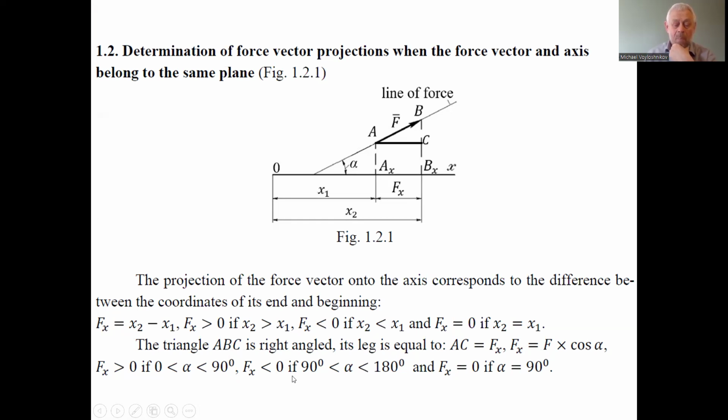If this angle is more than 90 degrees, like an open angle, the projection of the force on the axis is less than 0, that is, if alpha is between 90 and 180 degrees. And the projection of this force F on the abscissa axis is 0 if alpha is 90 degrees, a right angle.